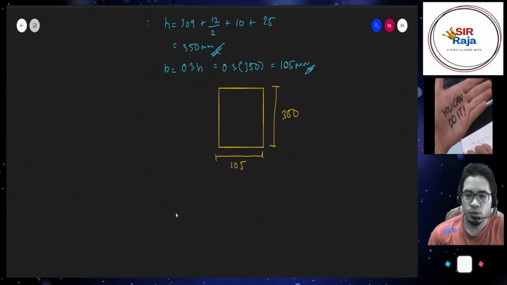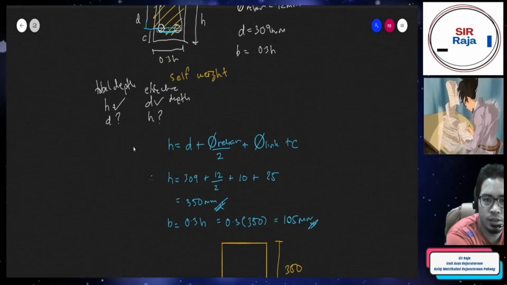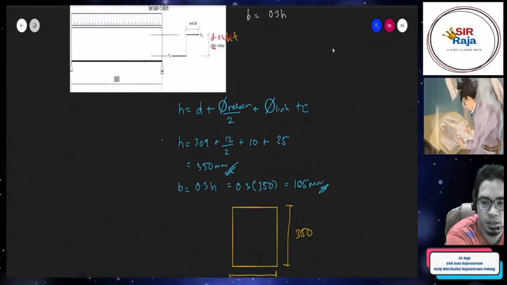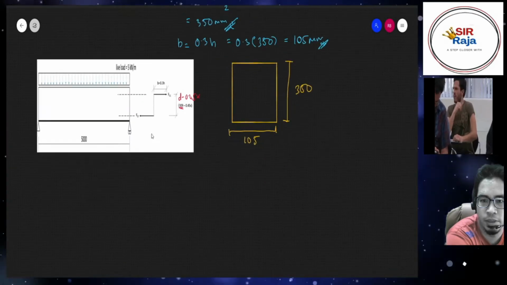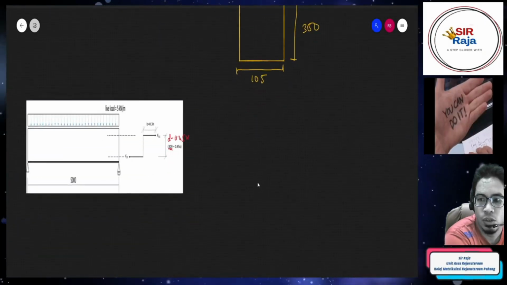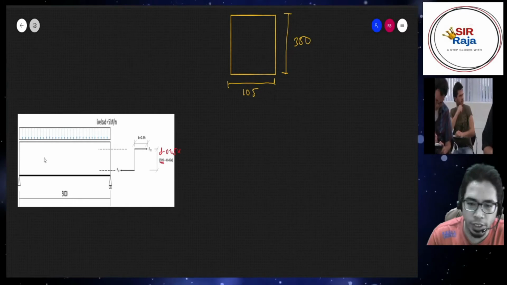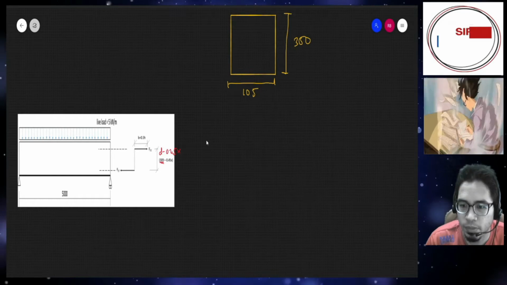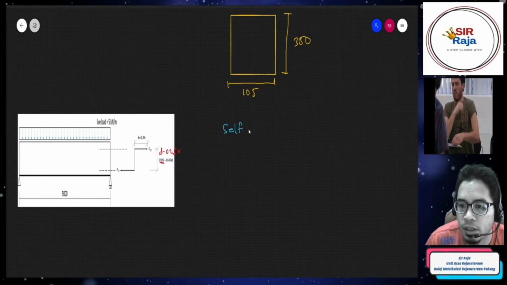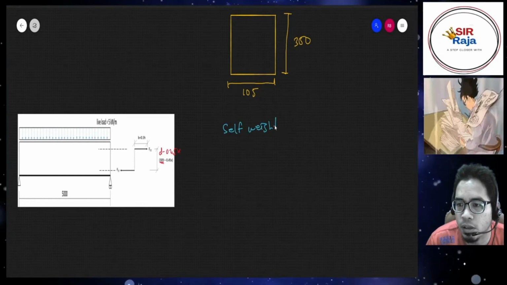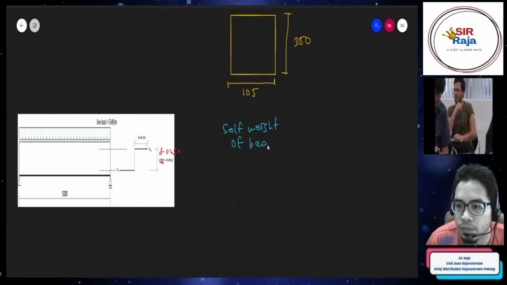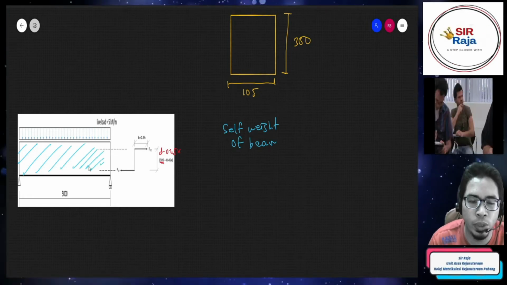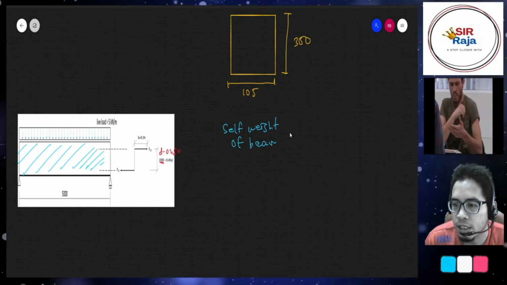From the diagram that we have here, we have to find the self-weight of the concrete first. The self-weight of the beam, this part here, you want in kilonewton per meter.